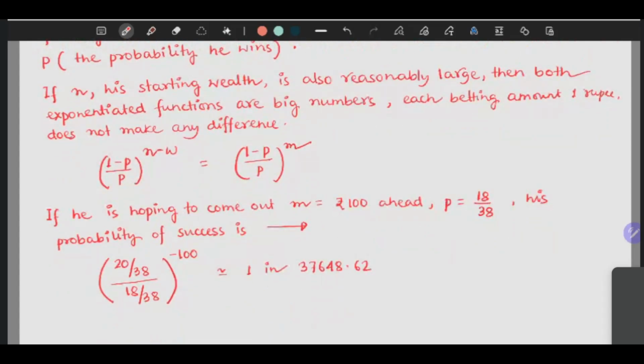So you can get that this value is, sorry, this is minus m, this is minus m. So from here you can get this.